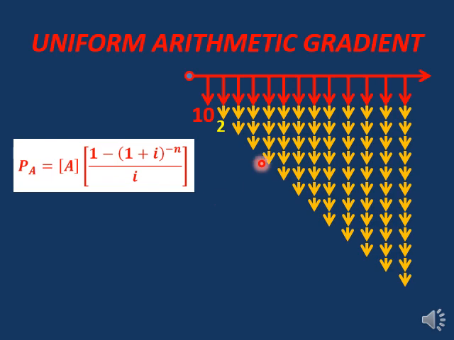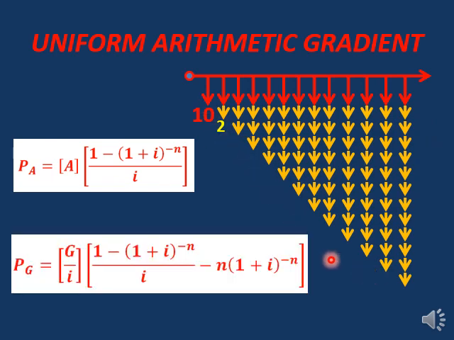Next, we will calculate the present worth of all of these cash flows, which is represented by this increasing cash flow. The present worth of all of this cash flow is this formula, which is a complicated and monstrous formula, but we'll introduce another formula or method that will simplify this calculation.